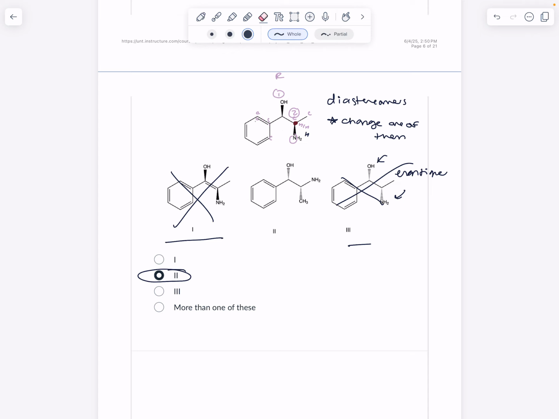Okay, so now I'm going to do the same thing down here. I already know that my OH is pointed towards me and everything else is the same. So immediately I'm like, oh, well, this is S configuration down here, just because the only things that have traded is the implied hydrogen back here is now on the wedge.